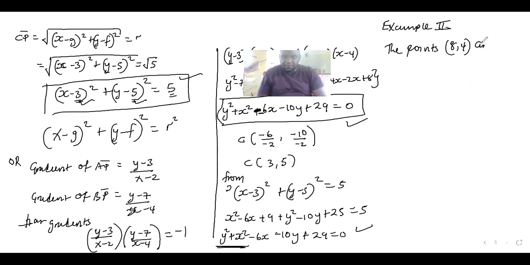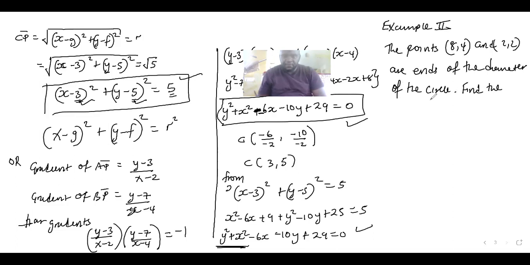(8, 4) and (2, 2) are ends of the diameter of the circle.